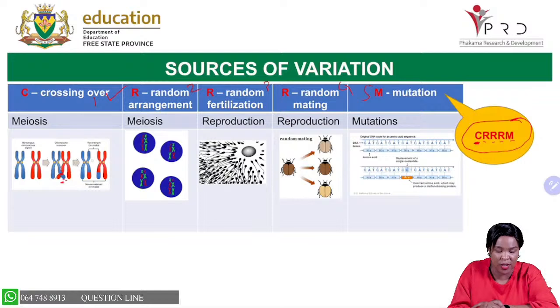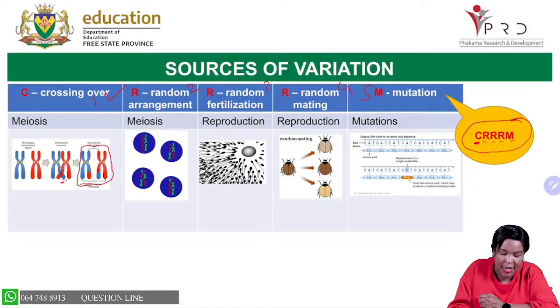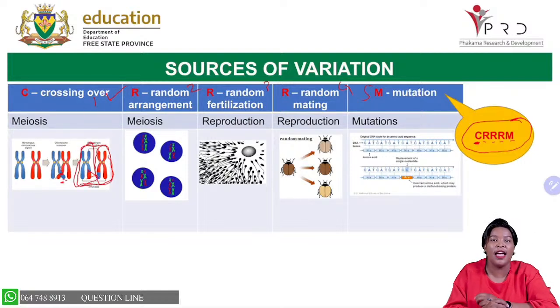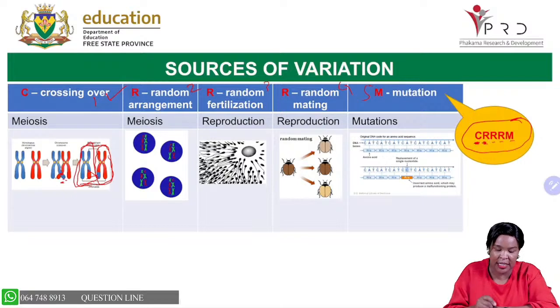Looking at these homologous chromosomes, they have exchanged genetic material, meaning you have a different genetic composition for this chromosome and a different composition for this chromosome. If this continues to happen, it will bring variation in all the chromosomes that are going to be formed in one gamete.